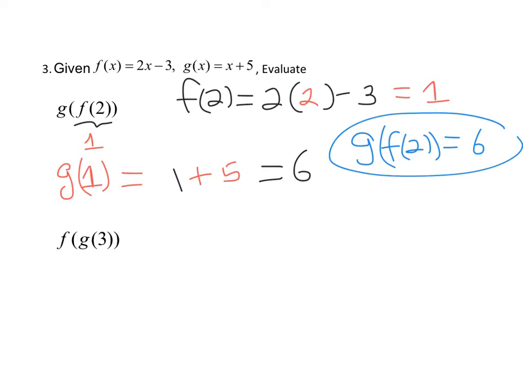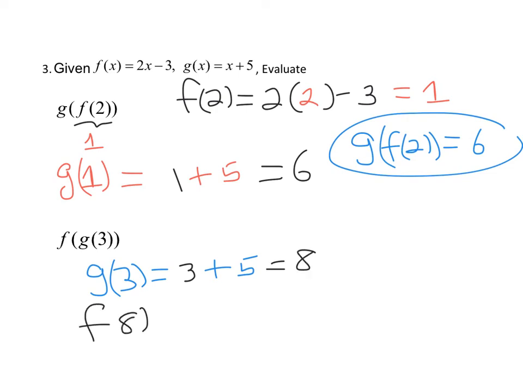Now we do f of g of 3. I start by doing g of 3, and I take the g function and I'm going to plug in 3 wherever there is x, so I get 8. Then I just need to do f of 8, because all this is 8.